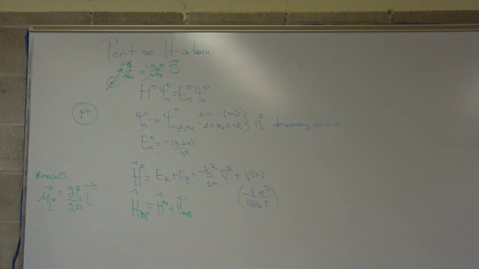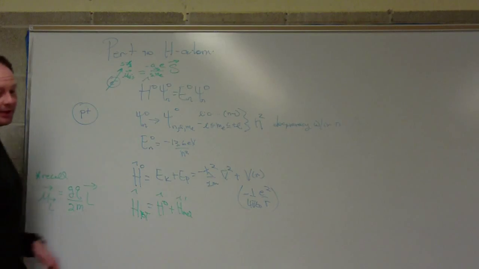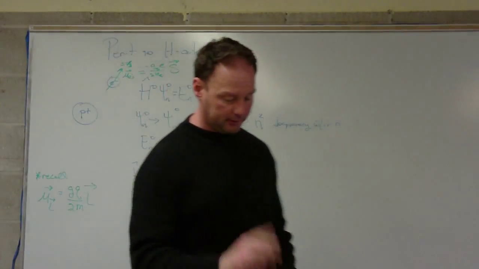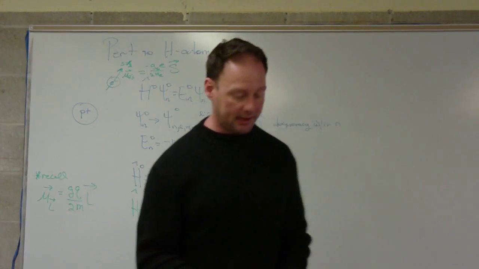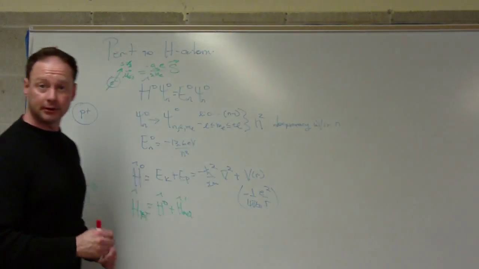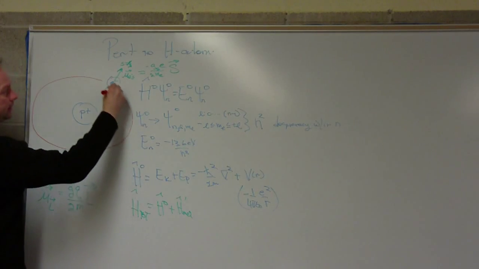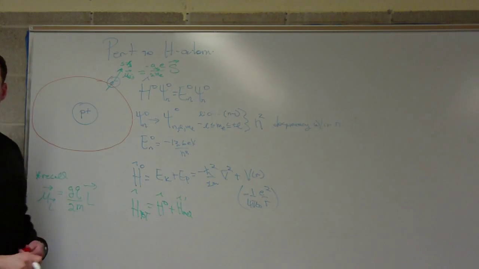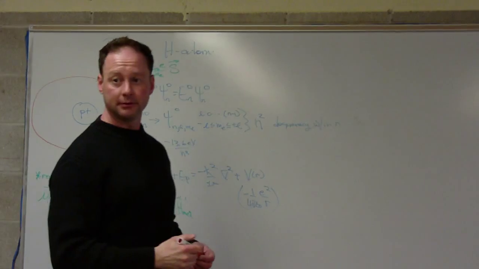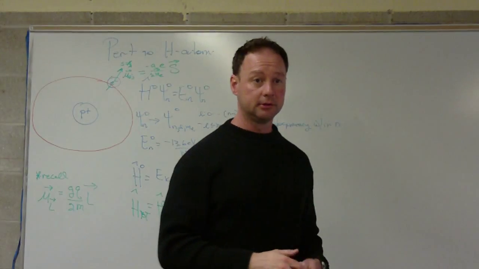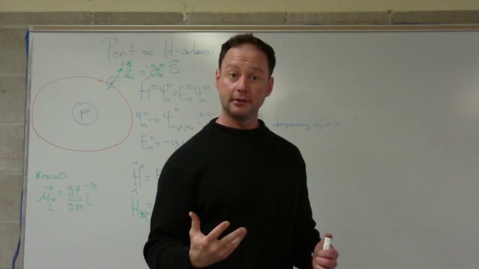Now, I'm not even including the proton here, but at the same time, this electron is in an orbit. So this is the electron orbit. The electron is a charged particle going around in a circle, so it's going to make a magnetic field.